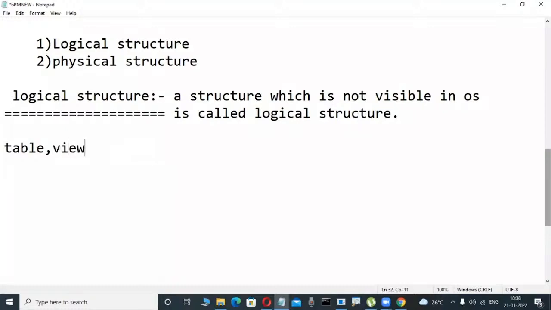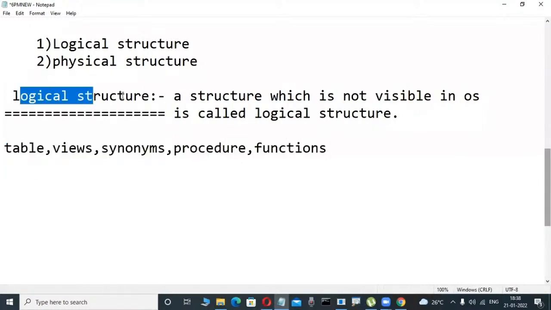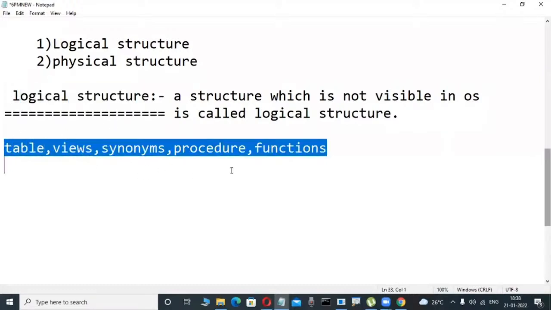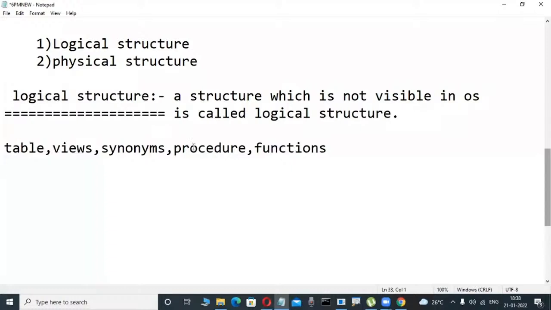Views are there, synonyms, indexes. These are all database objects. Procedures, functions, triggers, packages, so many things. These are all logical structure, not visible in the operating system.